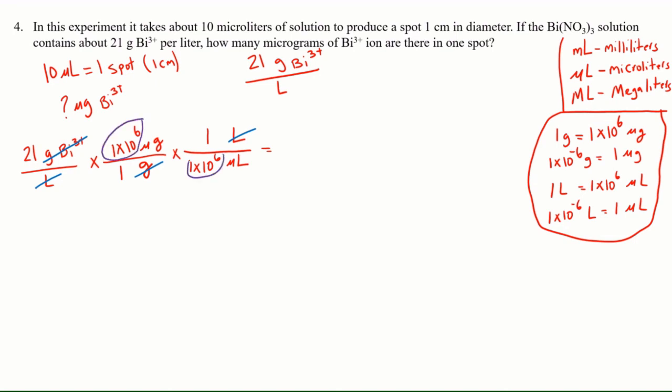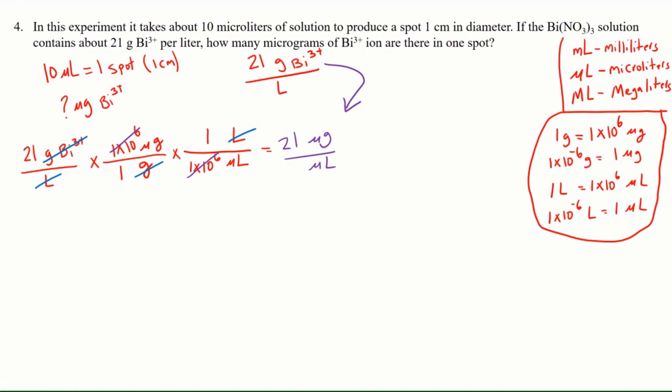This is also a million. So actually these numbers also cancel. So if you don't cancel them and you put them into the calculator, you're going to realize that 21 grams per liter is the same as 21 micrograms per microliter. So now I converted my concentration from grams per liter to micrograms per microliter.